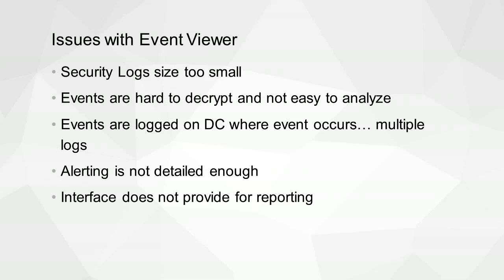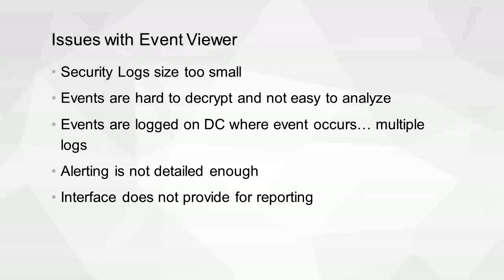We have to analyze the information, which can take time. Because each domain controller has its own logging, we have multiple logs every single day, and even if we auto-archive those logs, now our logs just keep multiplying by the number of DCs that we have.